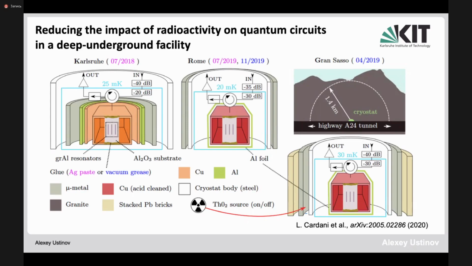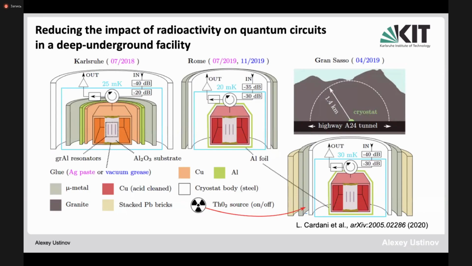Initially, it was used for neutrino experiments, using the natural shield of rock to absorb various kinds of radiation. But indeed, the quality factor of the resonators measured inside this tunnel was significantly higher than the quality factor of resonators measured outside the tunnel. So these processes are really influencing superconducting qubits.